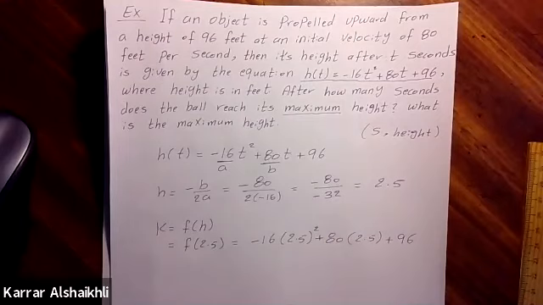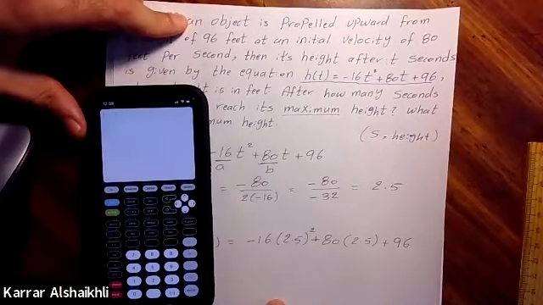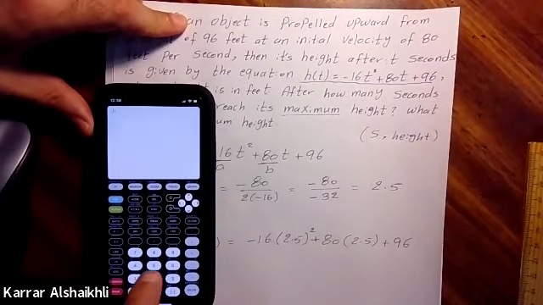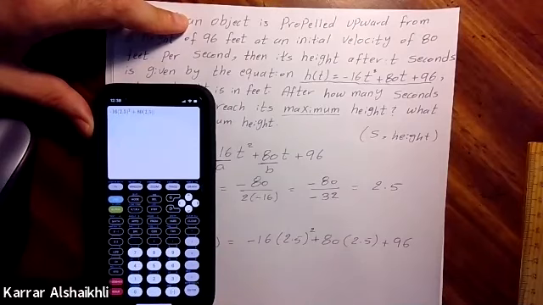Go ahead, plug in everything in the calculator to find the result. So I'm going to use the calculator: negative 16 times 2.5, close the parentheses, squared, plus 80 times 2.5, close the parentheses, plus 96.